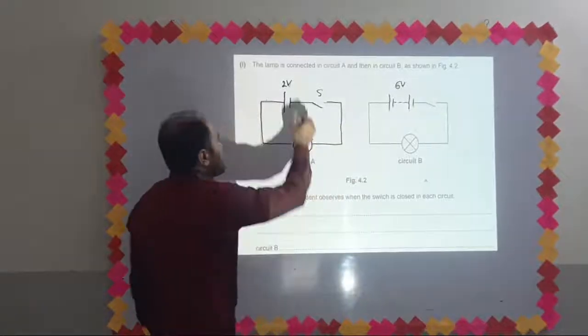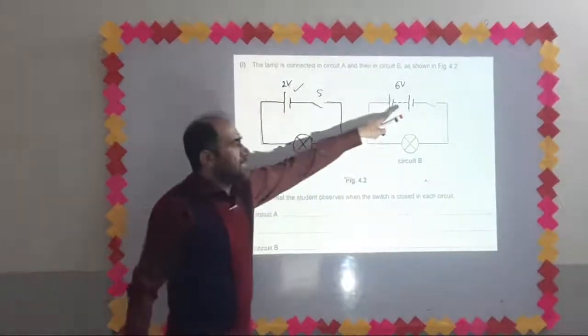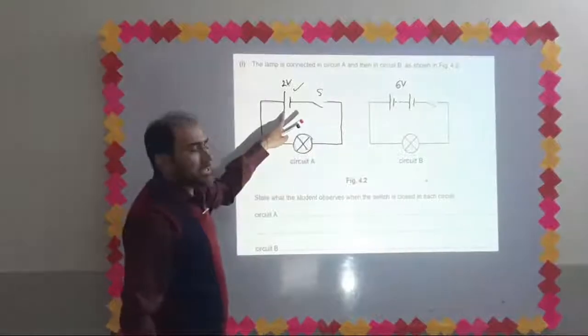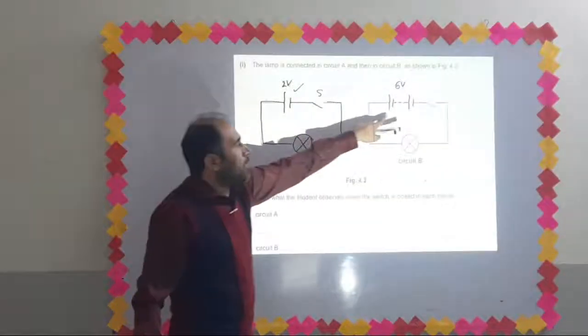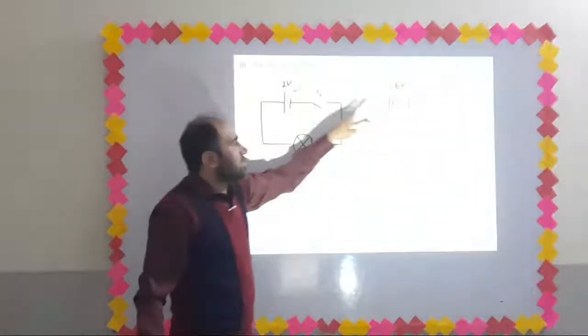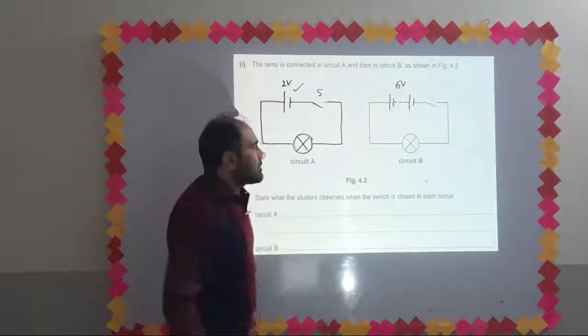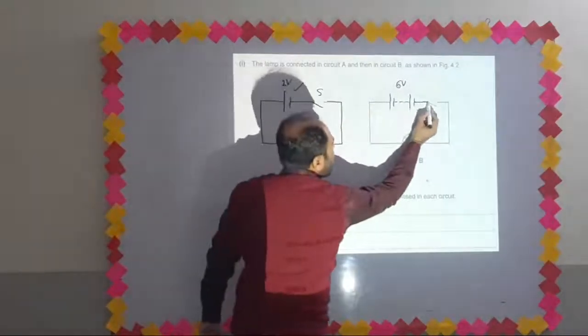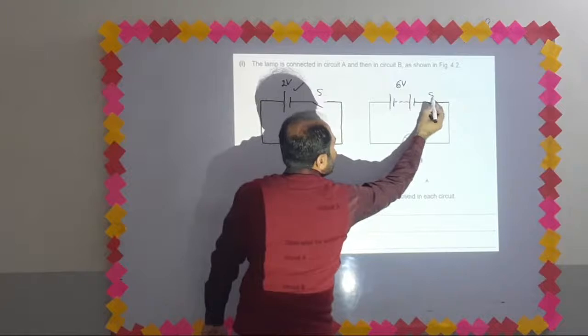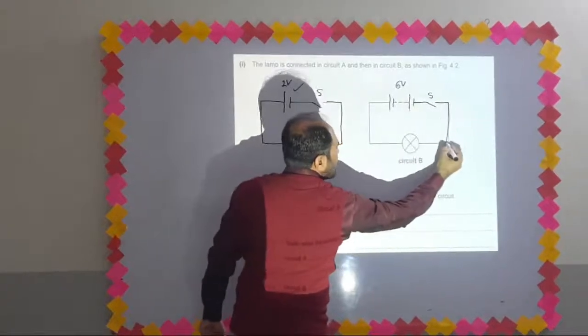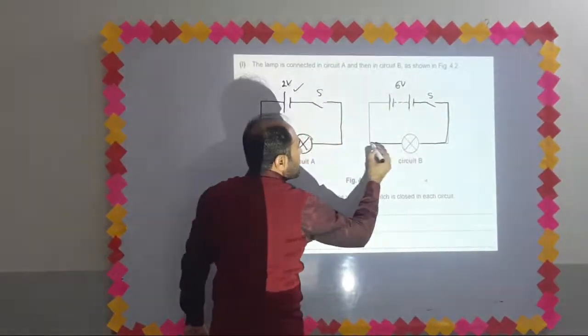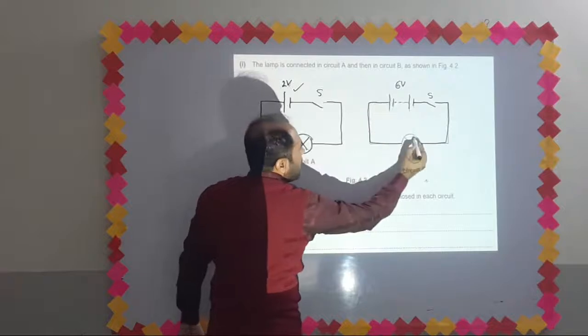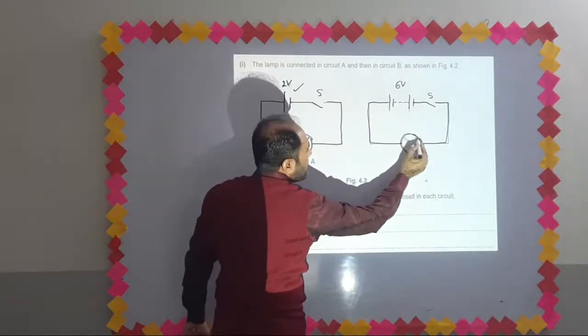The difference between this symbol and this symbol is that this is a single cell and this is a combination of two cells. This is a cell and this is a battery. So here is a switch. The switch is denoted by S. These are conducting wires and this is the symbol of a bulb.